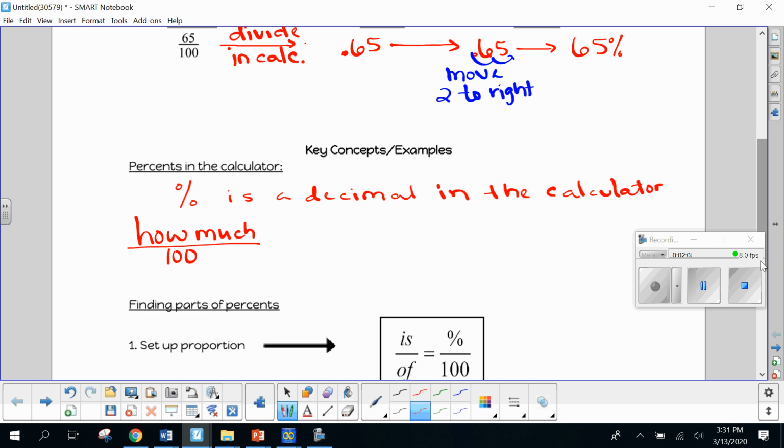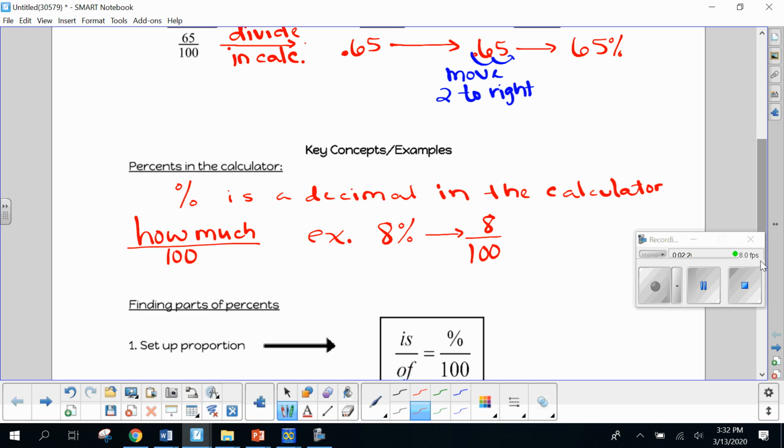So let's take a look at an example here. If I have 8%, and I want to change that to a fraction, I'm going to put the amount, or how much, over 100.